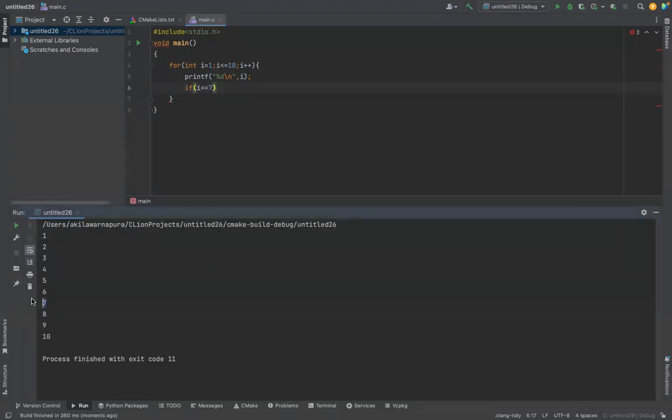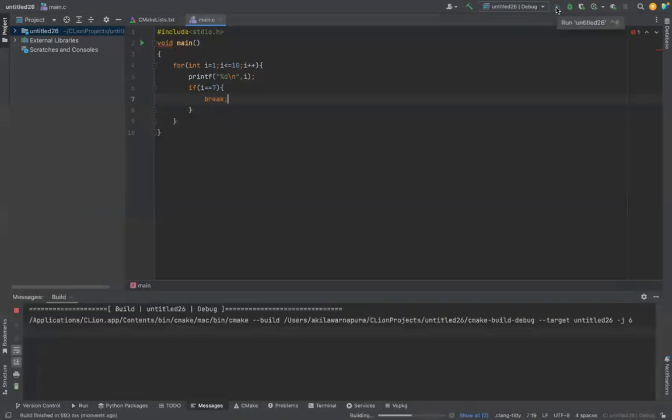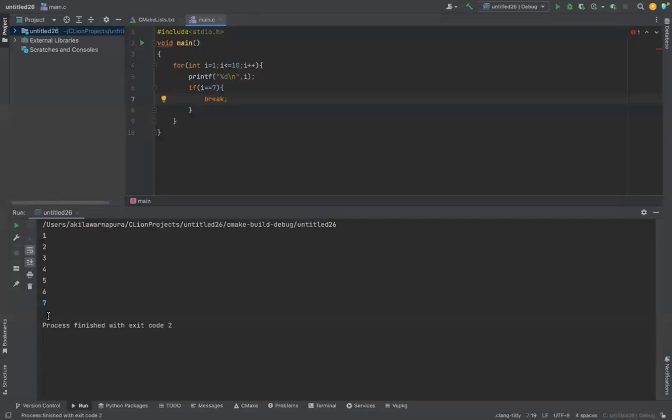Do not go 7 and onwards. Usually it goes up to 10. So when it is 7, we can break. Break means terminate the loop. When you run this program, you can see it prints up to 6, because when it comes to 7, the condition is true, and break means exit from the immediate loop.